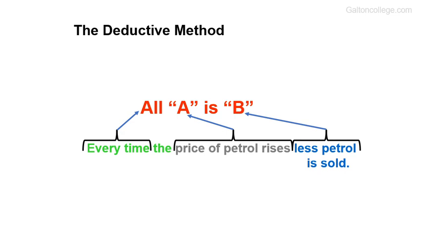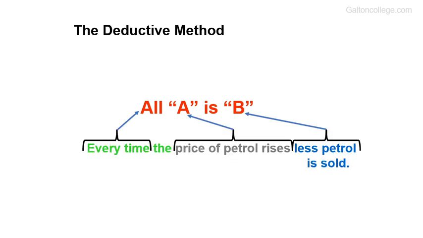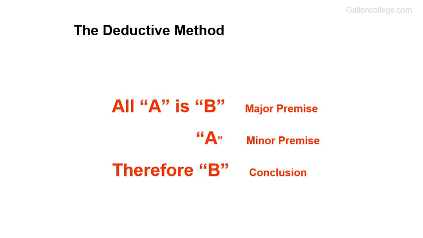We've got all A is B. Now we're given A, the price of petrol has risen. Remember, A is the price of petrol rises. Now we're given A, the price of petrol has risen, therefore B. Therefore, less petrol will be sold.